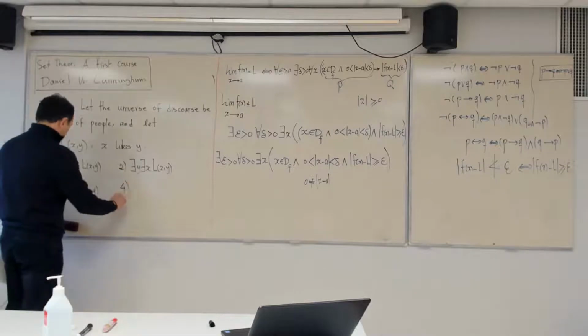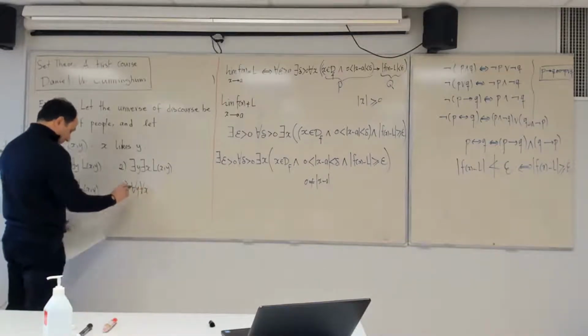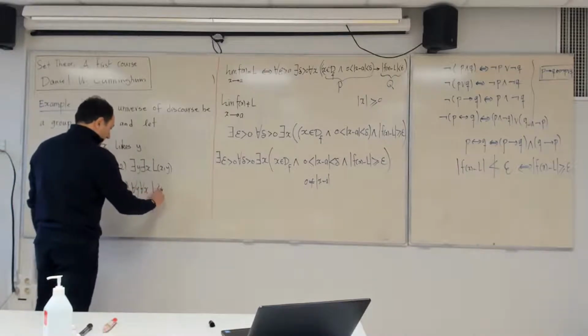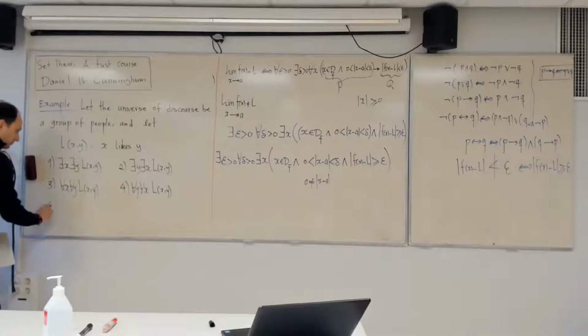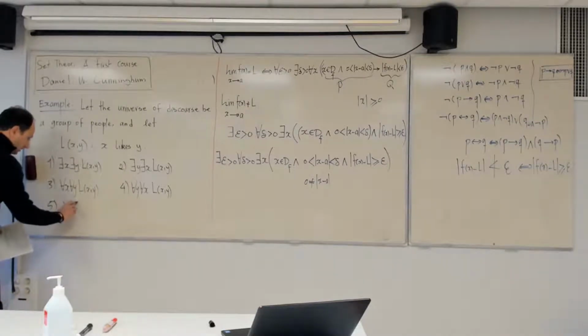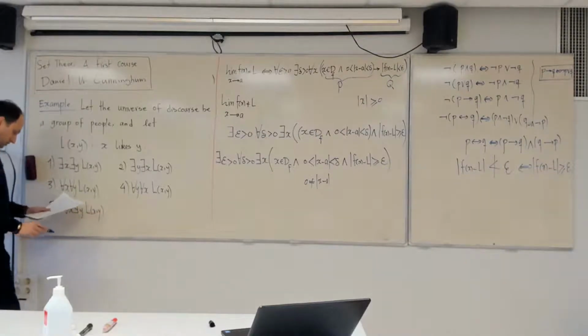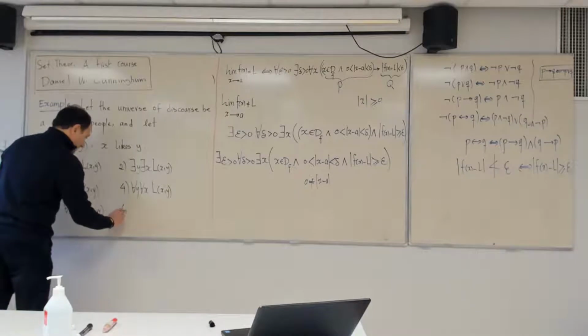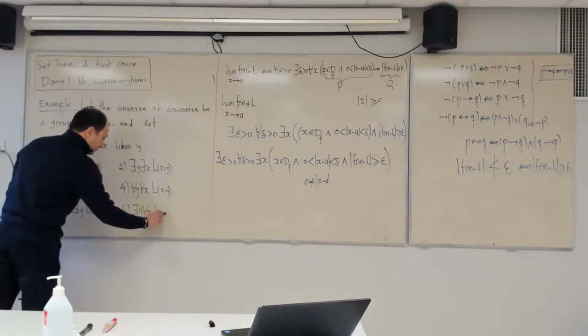Number 4, for all y, for all x, L(x, y). Number 5, for all x, there exists a y, L(x, y). Number 6, there exists a y for all x, L(x, y).